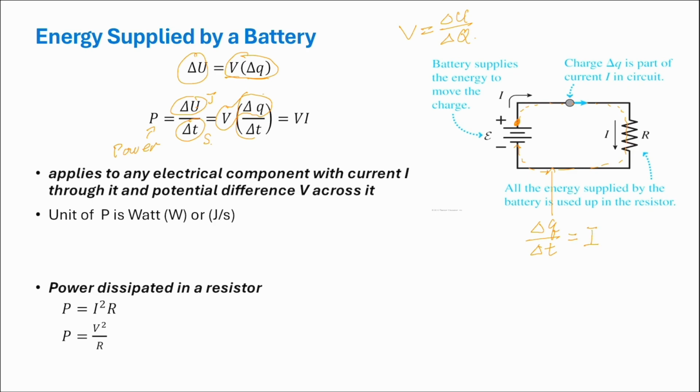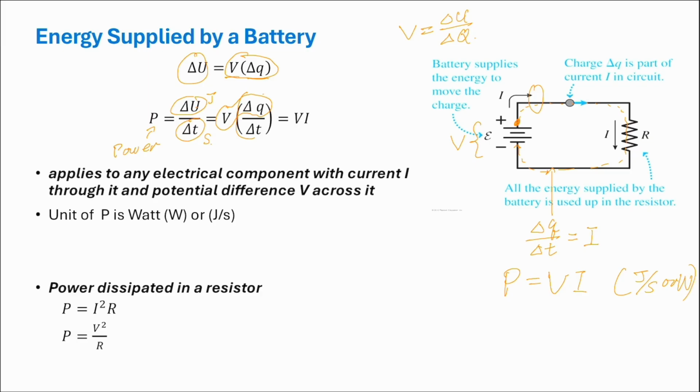If you know the voltage of your battery, V, and you measure the current, the power the battery delivers to the outside is VI, and the unit is joule per second, or watt.